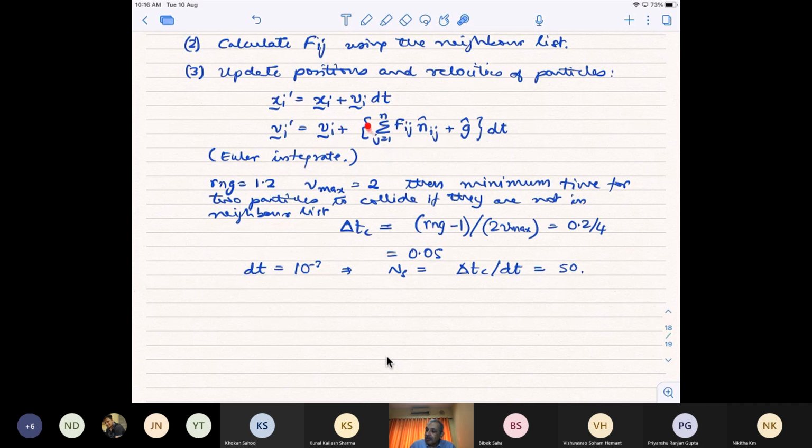So then this calculation becomes very expensive, because you're summing over each neighbor of i. So if your range is too large, then n becomes large. If your range is too small, then n becomes too small. So there's some optimal that you can achieve. Okay.